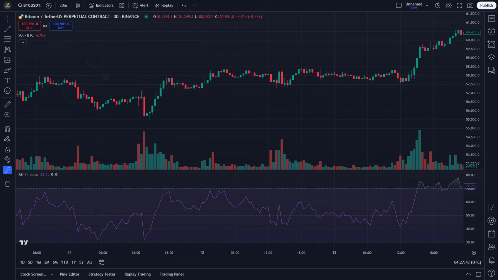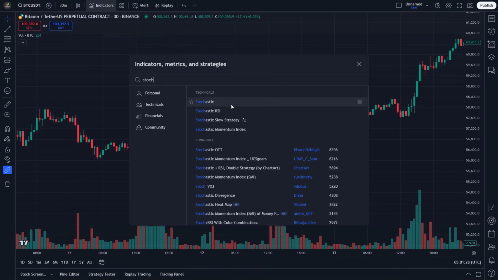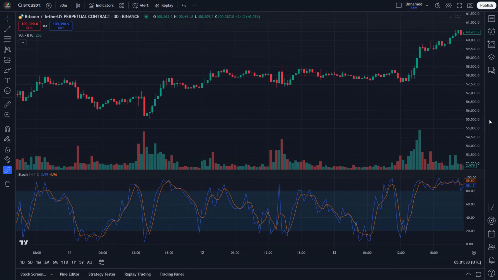On the flip side, when RSI crosses below 50, this indicates bearish momentum. It suggests the trend might be losing steam or turning downward, potentially a sell signal or a warning of further declines. 3. Stochastic Oscillator. The stochastic oscillator is all about comparing a security's closing price to its price range over a specific period.